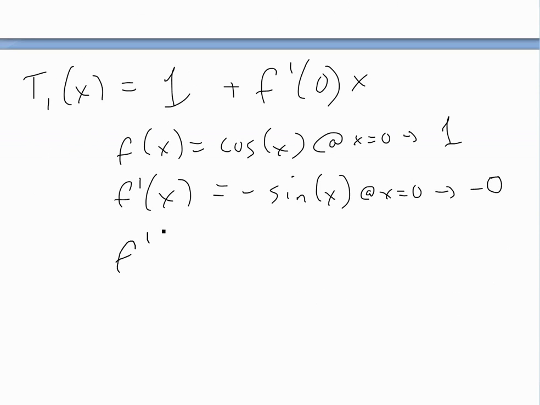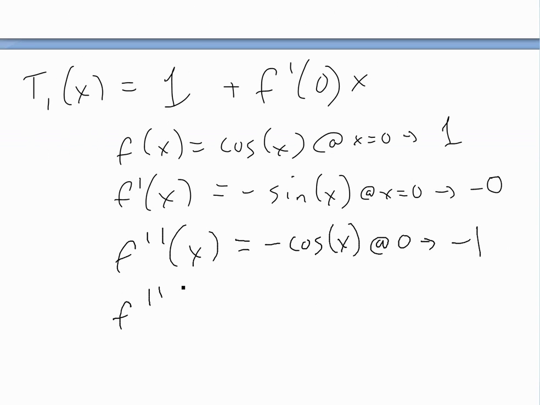Similarly, we could keep taking derivatives. f double prime of x is equal to negative cos x, and at 0 this is negative 1.